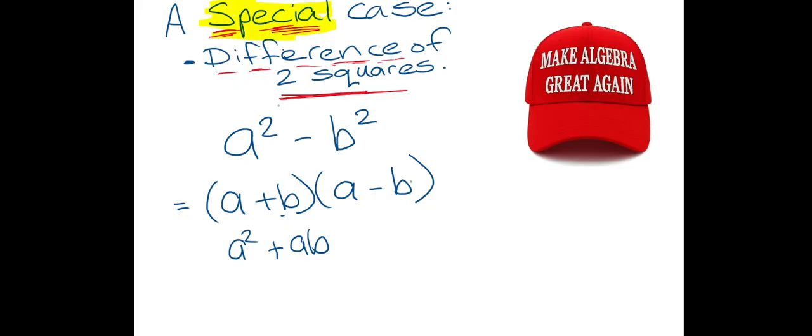Now we get to the minus b. A times minus b is minus ab, and b times negative b is negative b squared. They're going to cancel, and we're left with that.